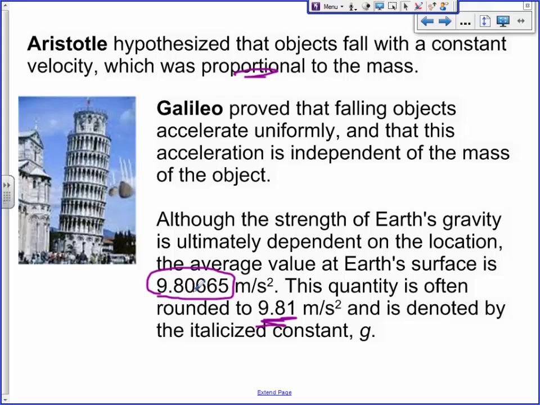So if you're on Mount Everest, gravity is more like 9.6. As you come closer and closer back down to Earth, it becomes 9.7, 9.8. But it depends on your location relative to sea level. Most of the time, though, we're just going to go with the 9.81 value. That should work. Here's one of the issues, though. This does limit us on sig digs. So whenever we use 9.81, I guarantee you cannot have more than 3 sig digs.